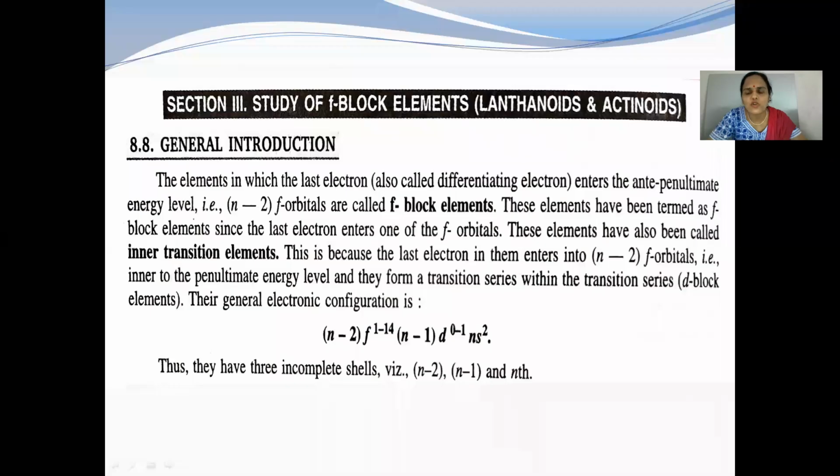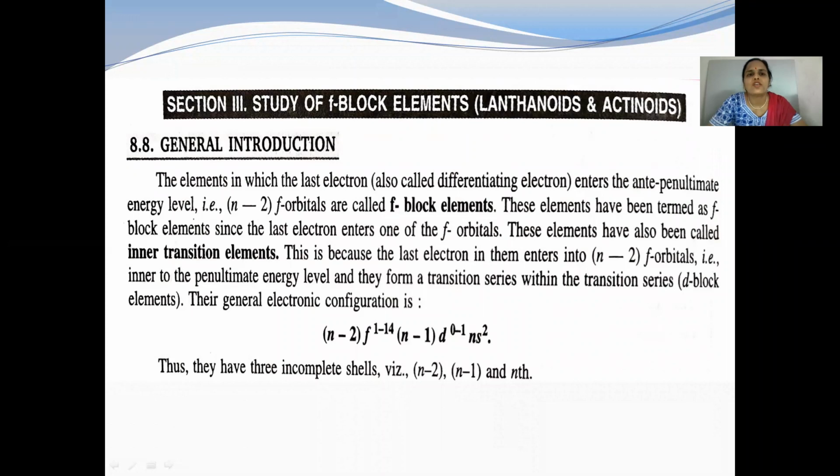Hello students, today we'll start with the F block elements, and in that we'll be dealing with the lanthanoid elements first. To start with the general introduction of lanthanoid elements, we'll see the elements in which the last electron enters the antepenultimate energy level, that is (n-2) f orbitals, are called F block elements.